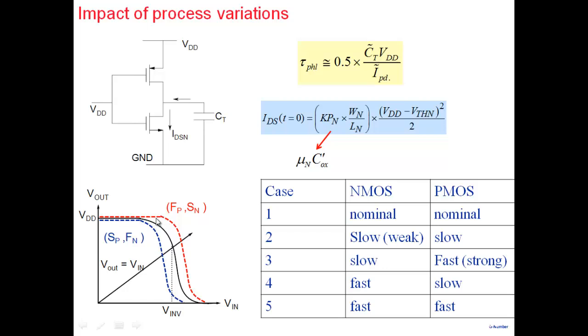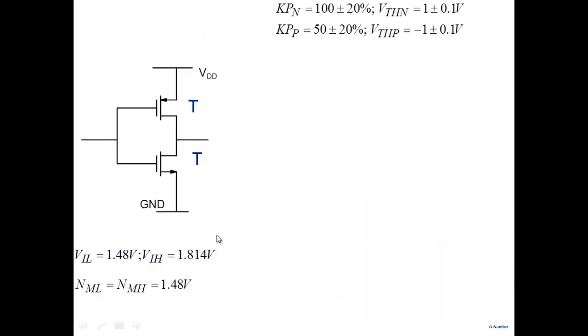That's why, with respect to the original one, the whole characteristic gets shifted to the right. So a fast PMOS and a slow NMOS characteristic is shifted to the right. The other extreme is a slow PMOS and a fast NMOS, and the characteristic is shifted towards the left. So that's one immediate consequence on the voltage transfer characteristics.